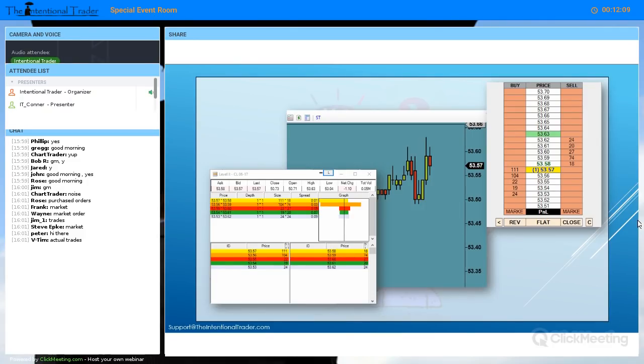So there are these theories, these strategies that are going to be focusing on these orders. Now, these orders are available for all of us to see. We can all see the standing orders.